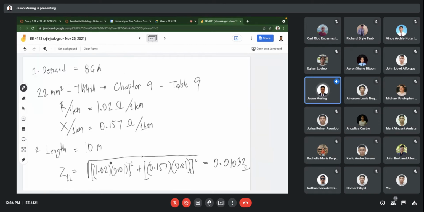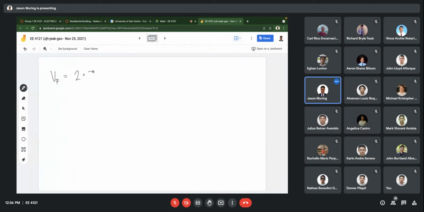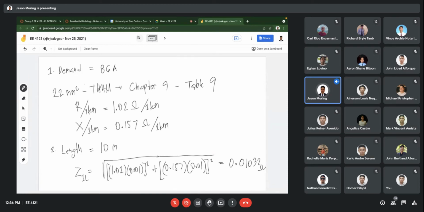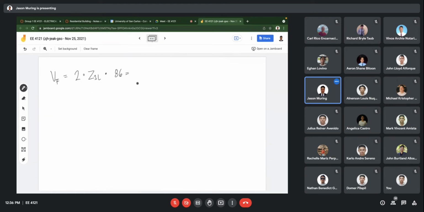The current is the demand, which is 86. So 2 times 0.01032 times 86. The voltage drop is just 1.78 volts.